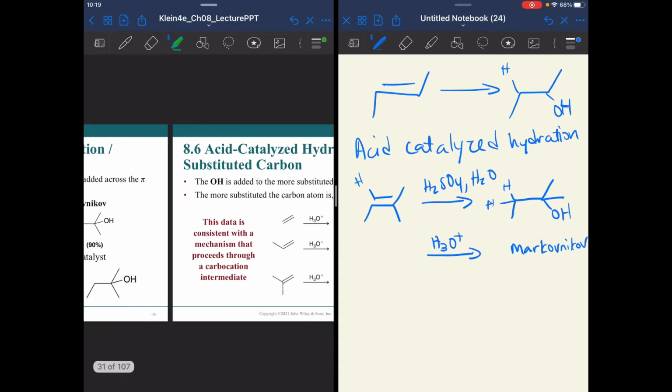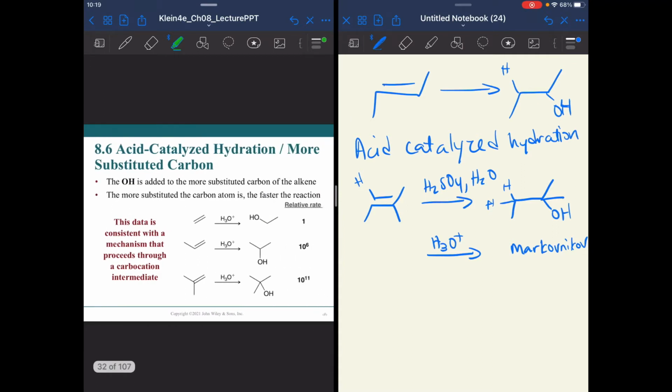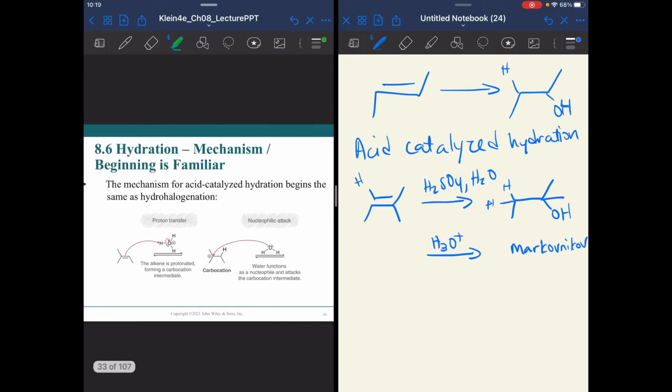Okay, so let's think about the mechanism here. All right, so the mechanism is on this slide. As we are talking about it, we're all going to go let Leroy out.